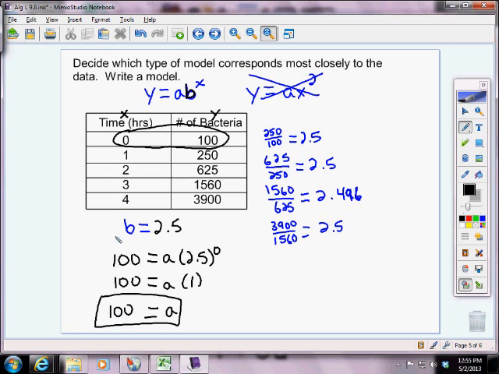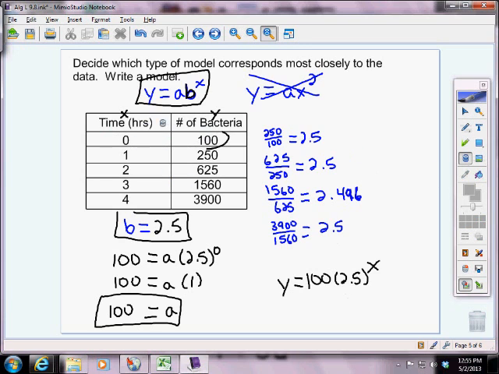We have an a, we have a b, we have a model. So now we can write this as y equals 100 for a times our b, which is 2.5, raised to our x. That means I can plug in any one of these x values.